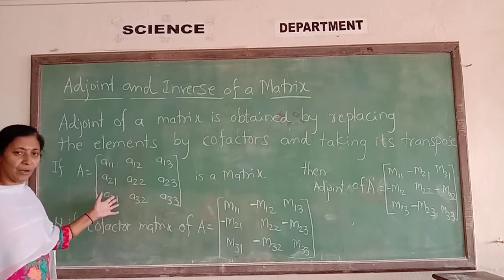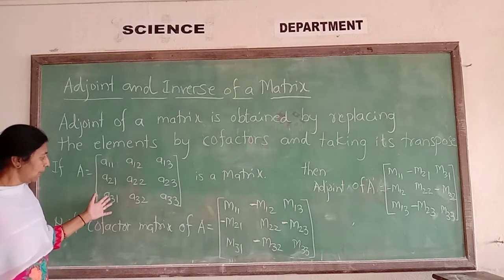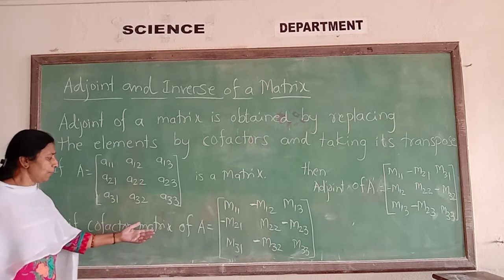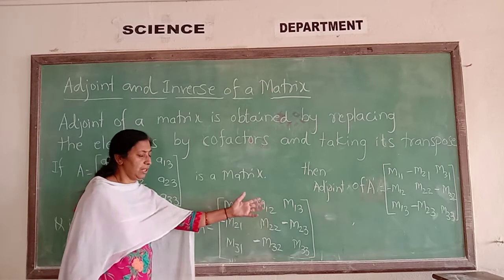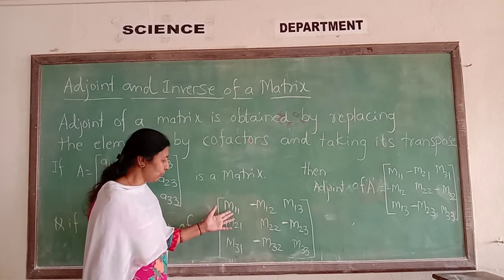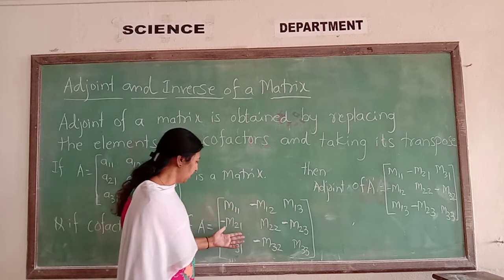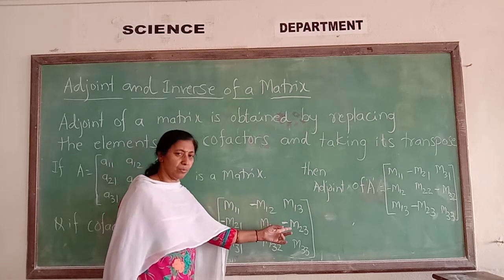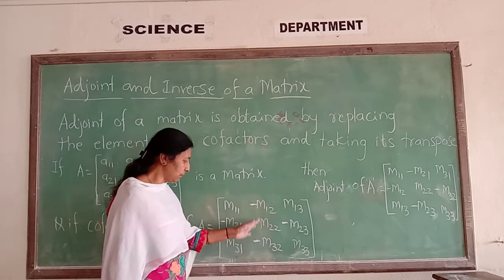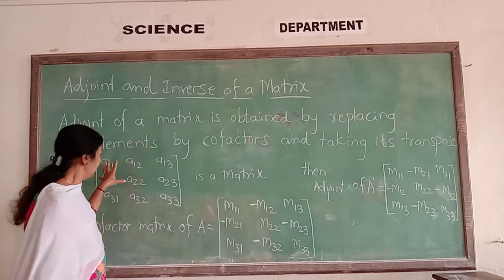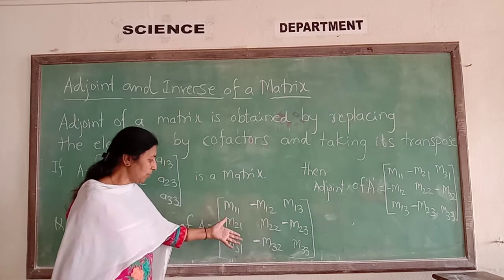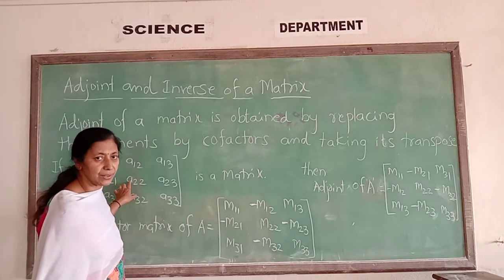You know how to find the cofactors of each element and how to enter them in this matrix format. These are the cofactors of each element, and we have written them here in this format. This is the cofactor matrix of the given matrix.